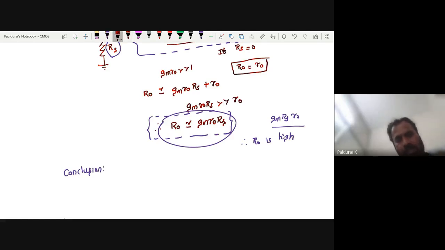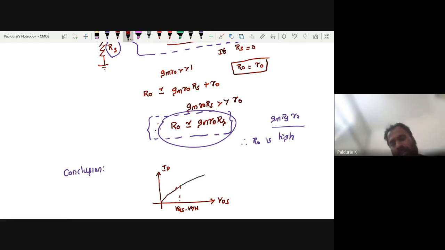So conclusion. What we are expecting is a constant current source. This is my VDS, this is my ID. But even in saturation, actually the slope increases, right? Till this is VGS minus VTH, this is my linear triode region. But actually, what we are expecting is a constant current source.